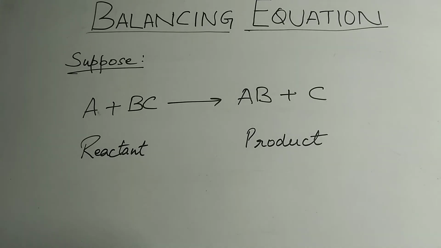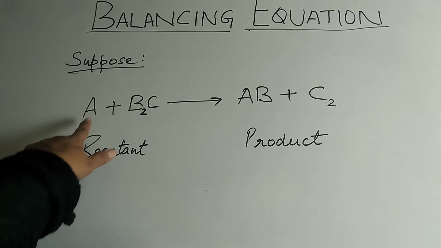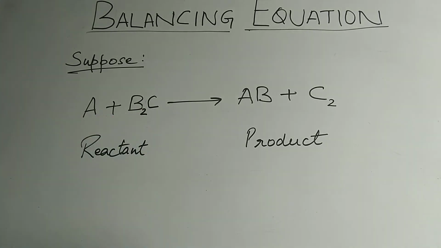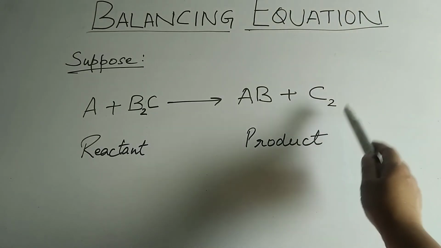Now a little bit of change we are going to do in the equation and see. Now have a look, I have changed the equation a little bit. A is reacting with B2C. So B has two atoms here, and it is giving you AB plus C2. C has two atoms here.